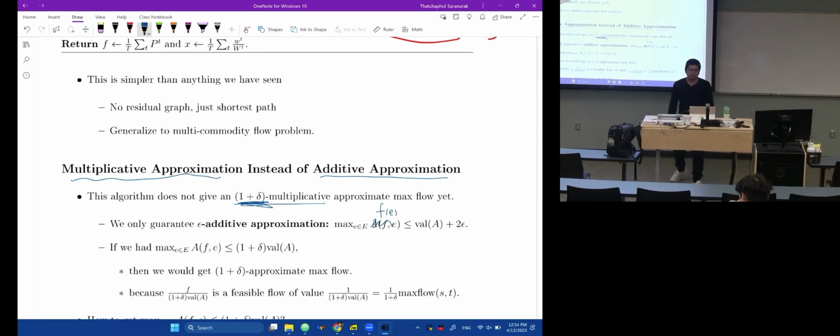So what we want is something like multiplicative approximation. This is just A f_e is just f_e. Because if you get this multiplicative approximation, it would be multiplicative approximation for max flow as well.